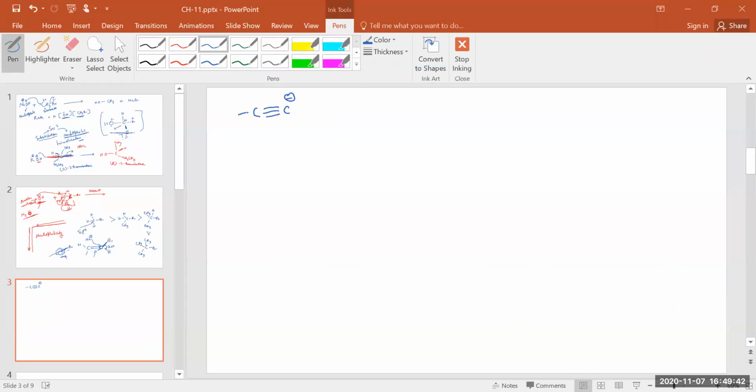Acetylenic carbon, and if you take bromomethane, the reaction will happen via SN2 reaction. So it will be this product. This reaction we have seen in the previous chapter.